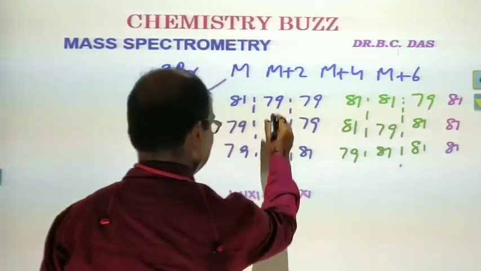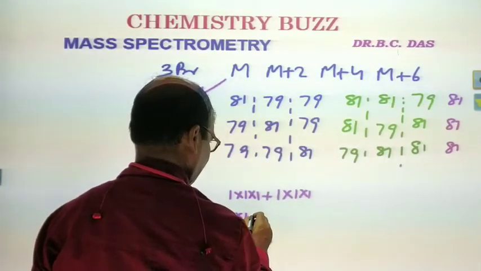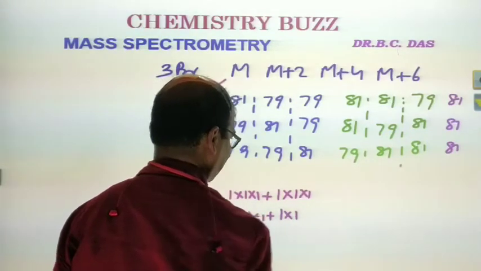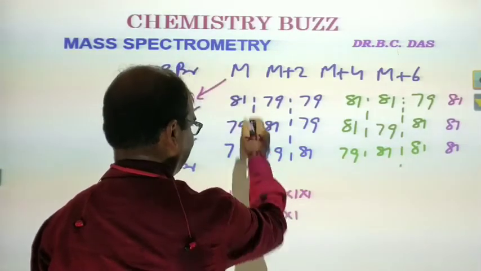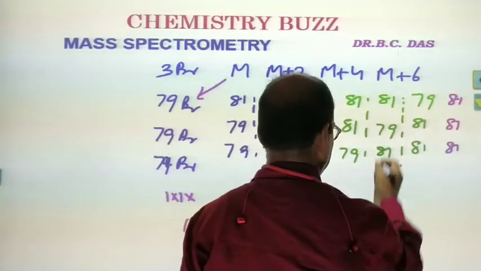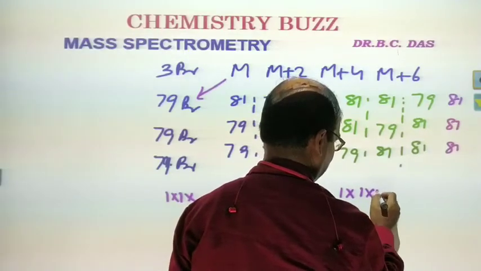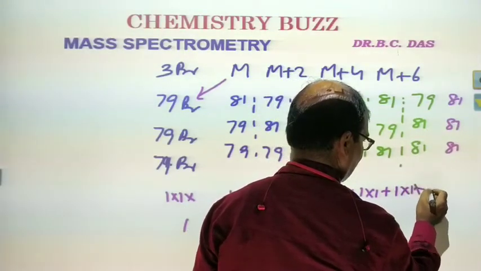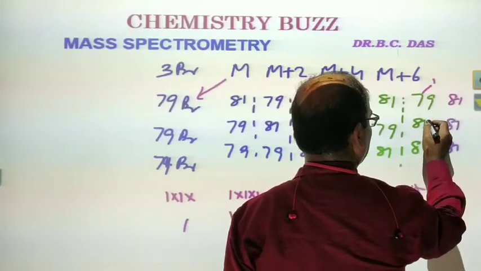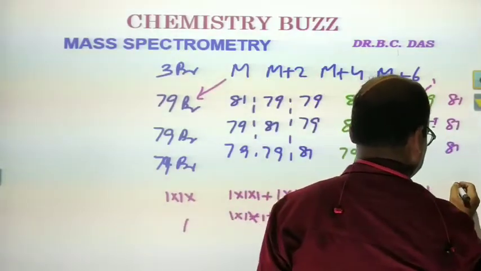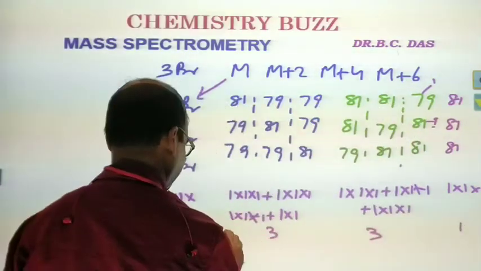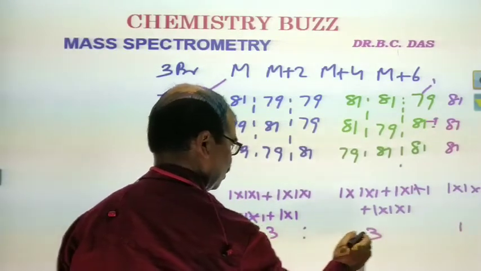Similarly for this we will have 1 into 1 into 1 plus 1 into 1 into 1 plus 1 into 1 into 1, so this gives the result 3, and this is 1. So the ratio becomes 1 is to 3 is to 3 is to 1.